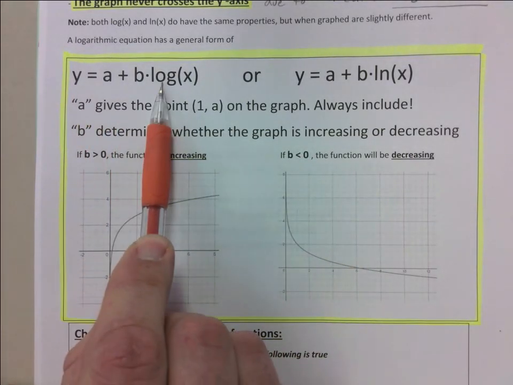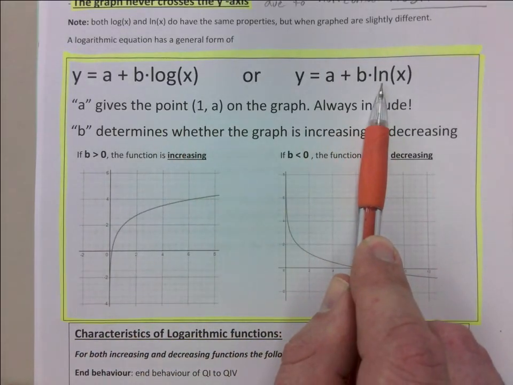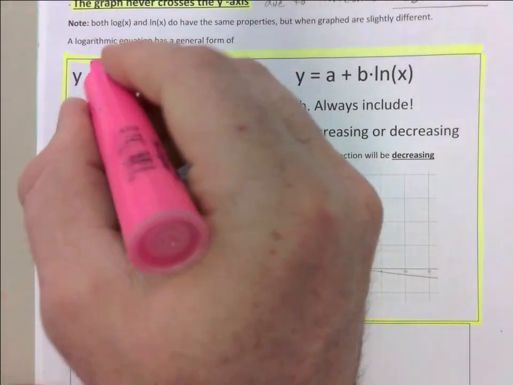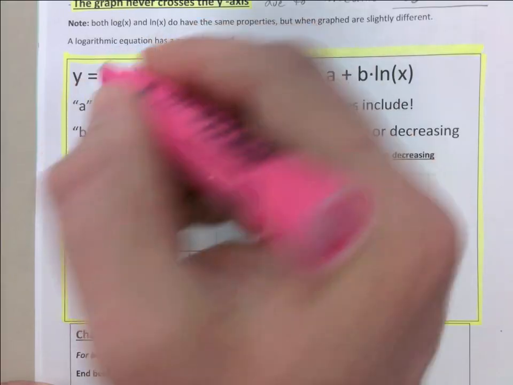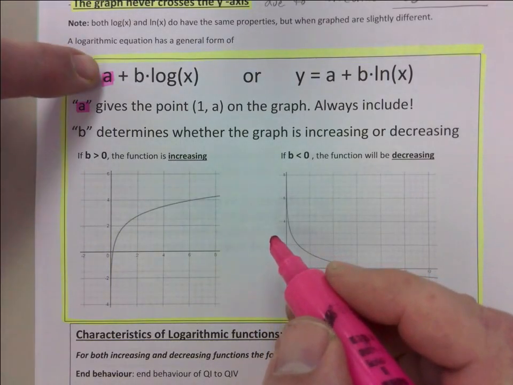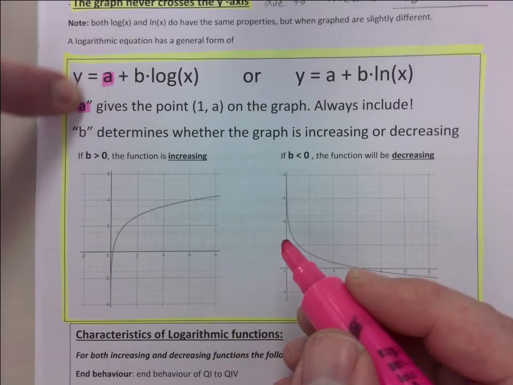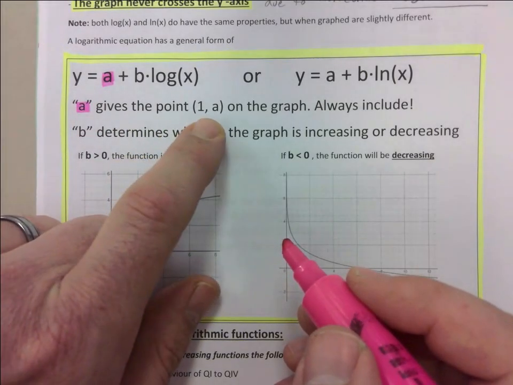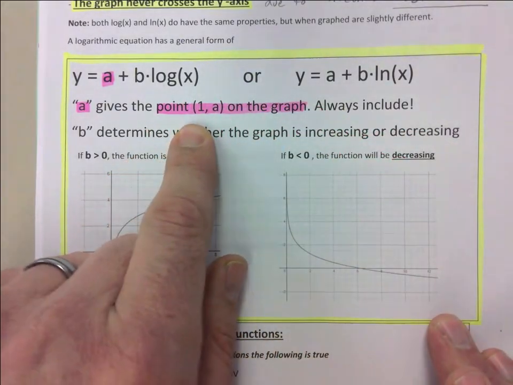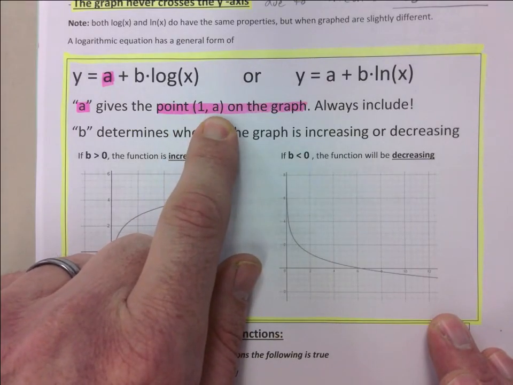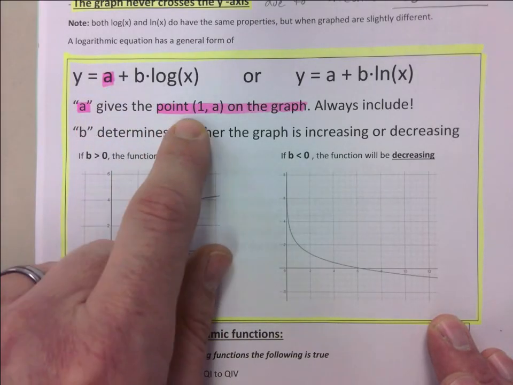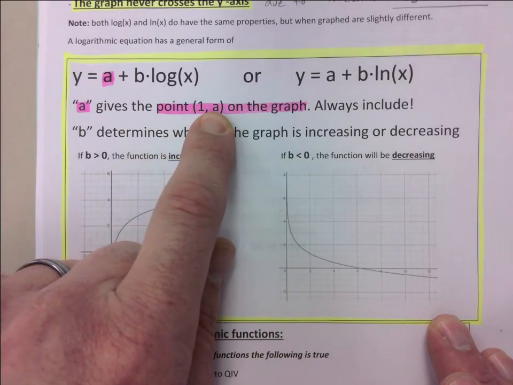So whether it is log or natural log, the A here, let's give that pink, the first number, whatever that number is, we call it A, is going to be a point (1, A) on the graph. Emphasis on the 1, A. So if this is 10, then you're guaranteed that one point will be (1, 10).